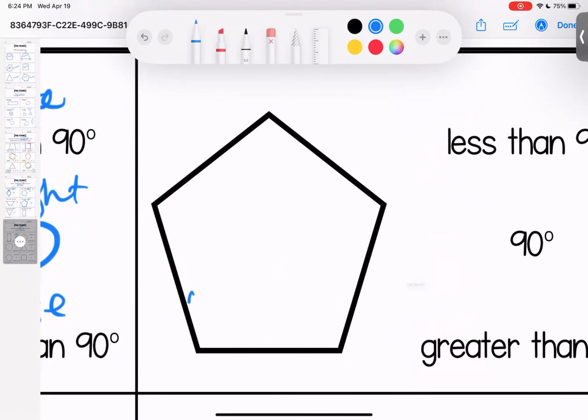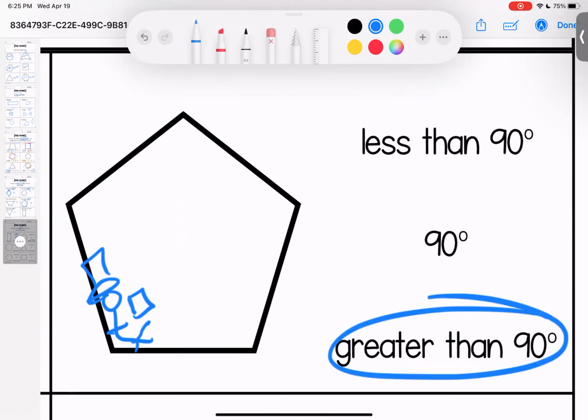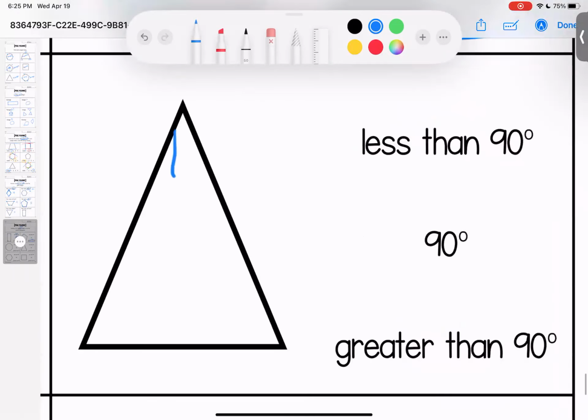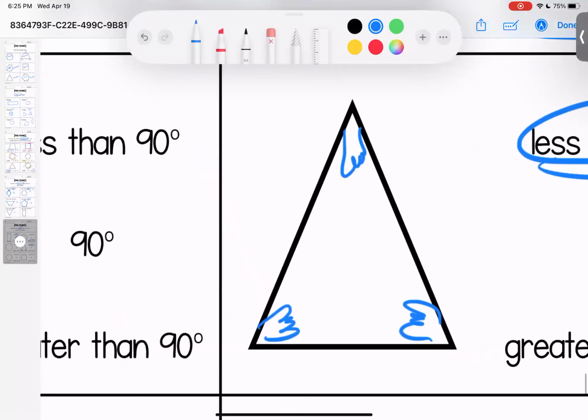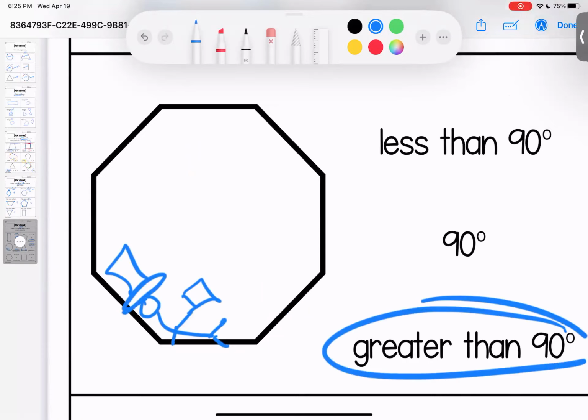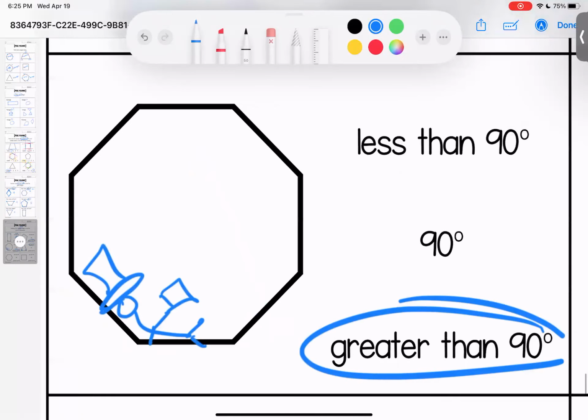Over here looking at these, I mean, come on. Here's my book. Here's my big floppy hat. These are greater than 90. They are obtuse angles. Look at these teeny little grandma pinchy finger angles. Less than 90. Over here, I'm on vacation with a book and a giant hat. Greater than 90 degrees.